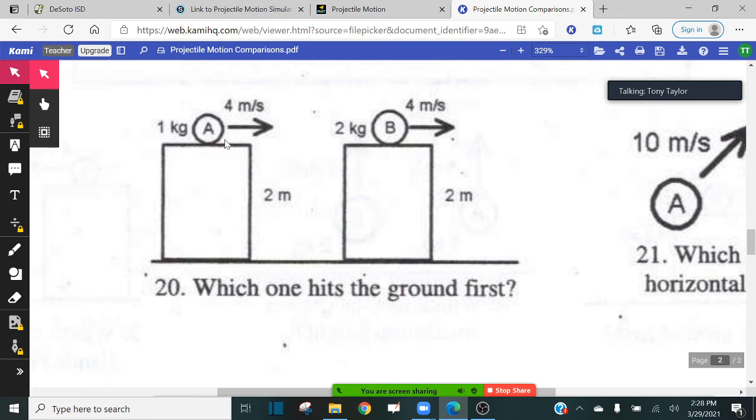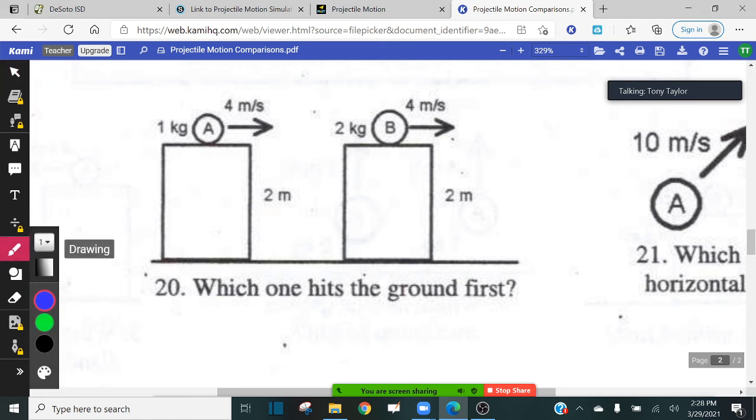Even though they're different masses, that doesn't matter. The acceleration is going to be 9.8 for both of them. So clearly, they're going to hit the ground at the same time. So pretty much everything is equal for both of them. Obviously, mass does not matter. Guys, in all of these situations, mass will not matter. If everything else is equal, you can guarantee that they're going to hit the ground at the same time.